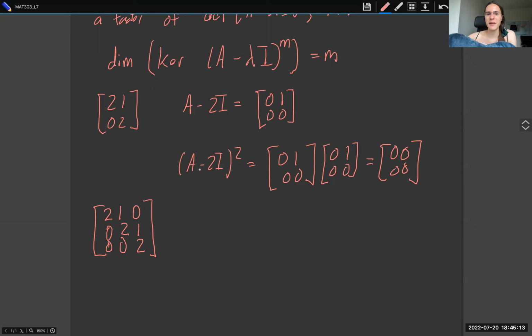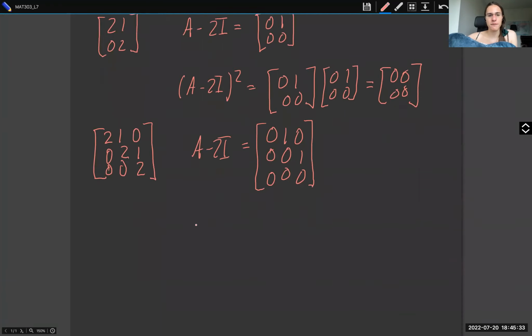And when we consider a minus 2i, then we get the matrix with 1s just above the diagonal. Then what happens if we square this?